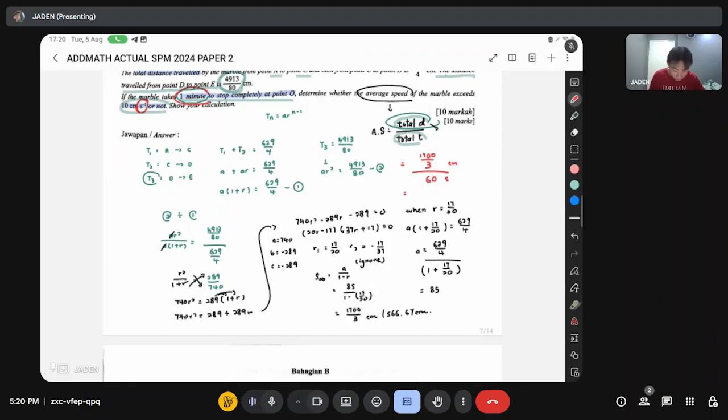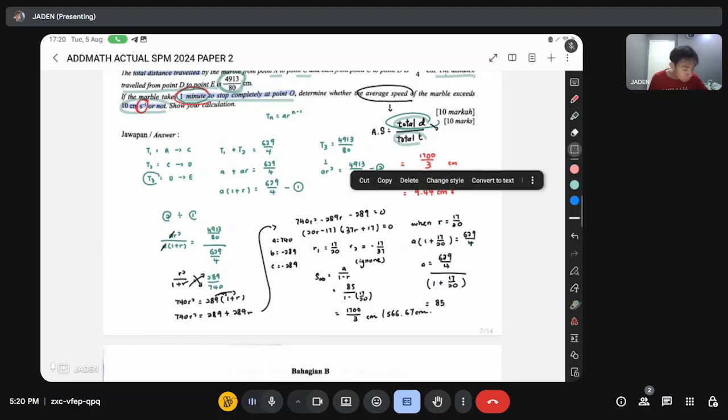From here, your calculation will give you 9.44 cm per second. So 9.44, does it exceed 10 cm? Obviously, the answer is no. So you can give them a conclusion. Sorry, this is a bit annoying. Let me just move down a bit. So 9.44 does not exceed 10 cm per second.